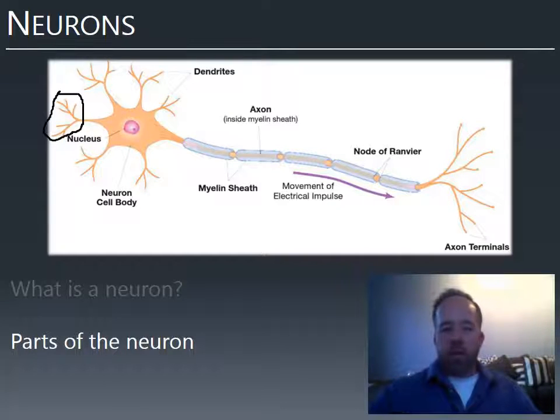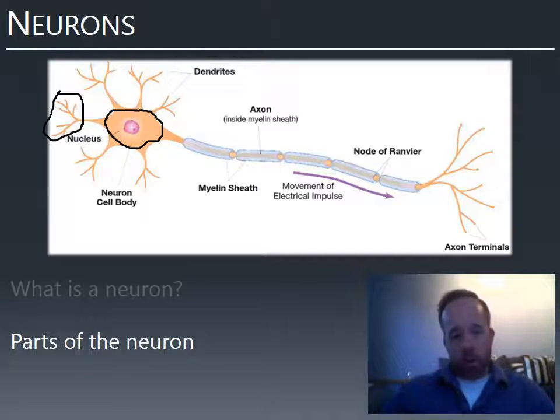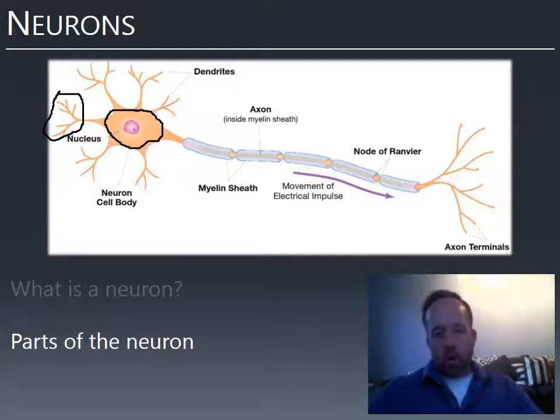All the information will be brought together and added up and put together in an output for the neuron later. And we'll talk about how that works over the course of the week. But dendrites are sort of the input area of the neuron. And here in the middle, we have the neuron cell body along with the nucleus. If we remember from cell biology, the nucleus is where genetic information is stored. It's also where things like proteins get put together and assembled.